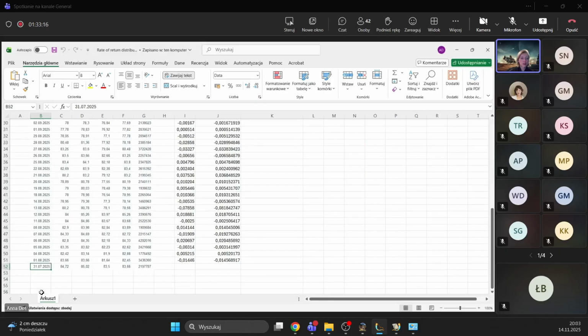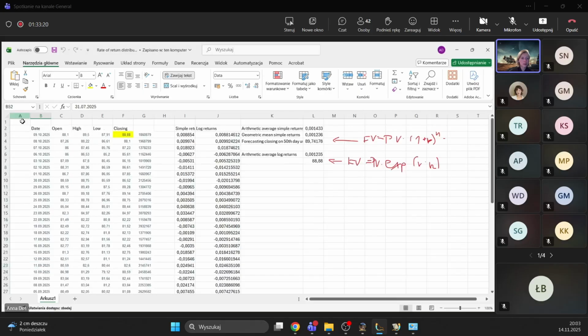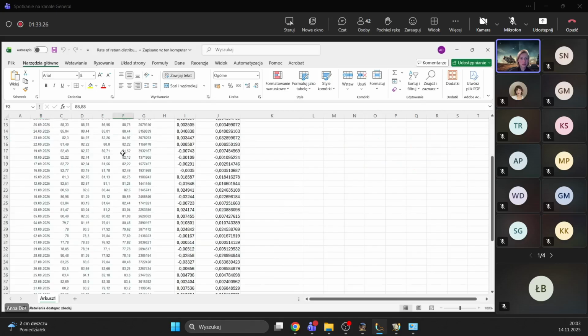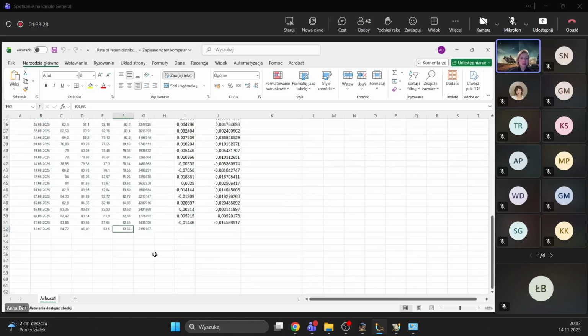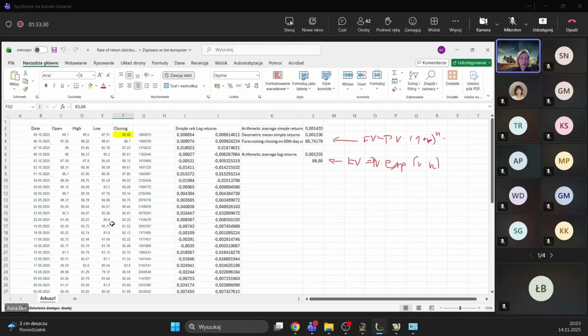It starts at the end of July 2025 and ends on the 9th of October 2025. Here we have closing prices. The beginning price is 83.66. The closing price at the end of the observation, in mid-October, is 88.88. Now, I calculated simple returns in this way.